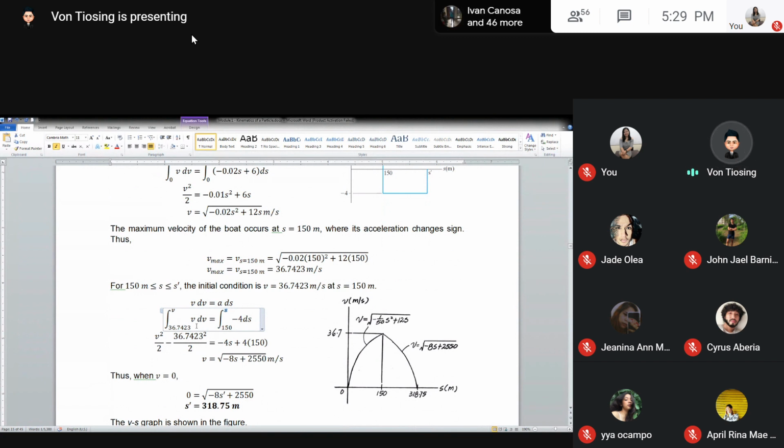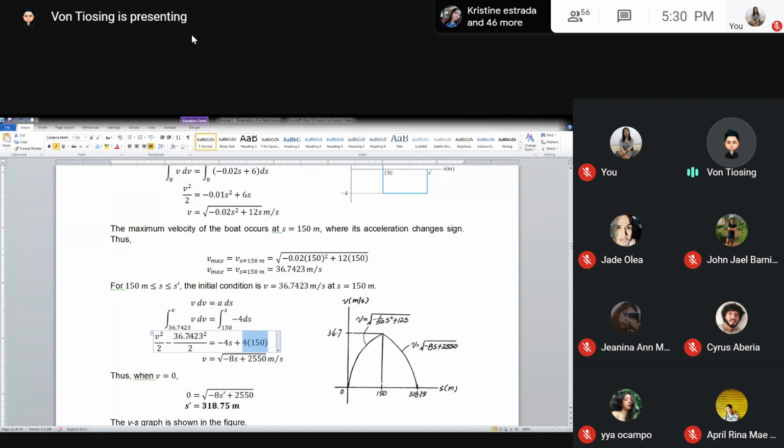And then, if s equals 150, yun yung sinasabi ko, the velocity is 36.74. So this one will be negative 4s, then substitute s and 150, kaya magiging positive ito, dahil minus negative. So this will become 600.